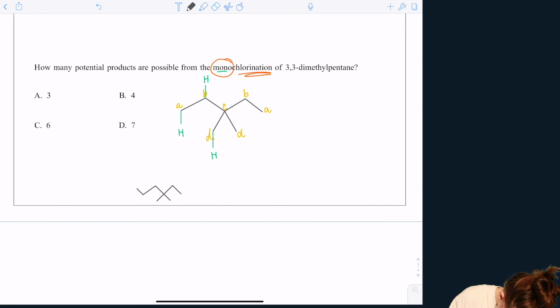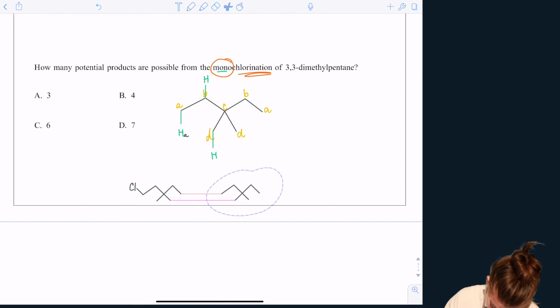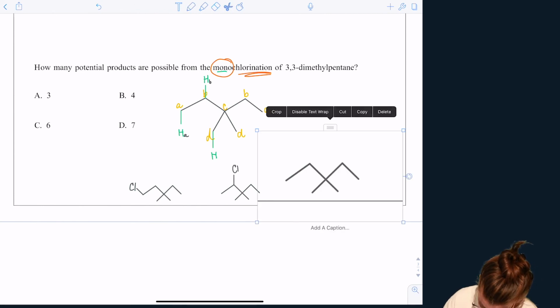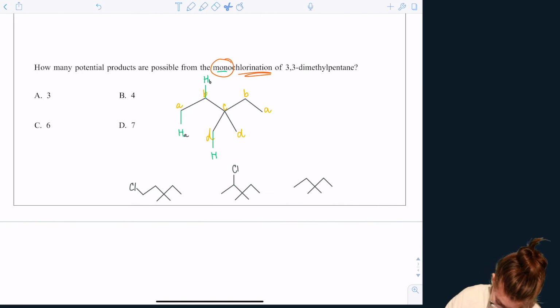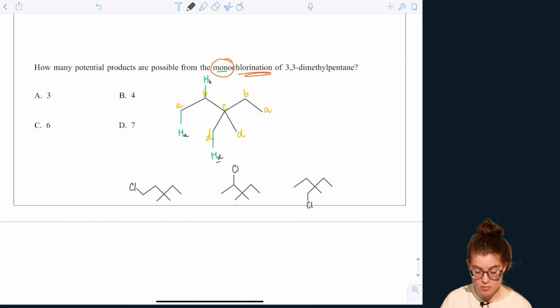There's one instance where a chlorine replaces hydrogen A, or an instance where the chlorine replaces hydrogen B, in which case it would be here. Or we could have the instance where a chlorine replaces hydrogen D, right there, in which case we will get this. So those are the three possible products.